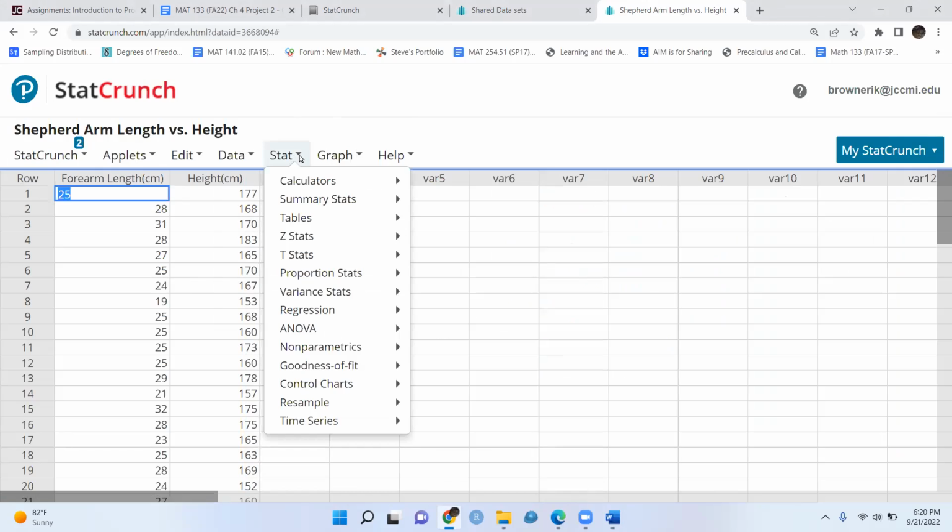So the regression stuff is under the stat column, or the stat menu. And there's a regression tab or menu, I guess. And we are only ever going to do simple linear. Multilinear is when you have multiple variables and you believe there's a linear correlation.